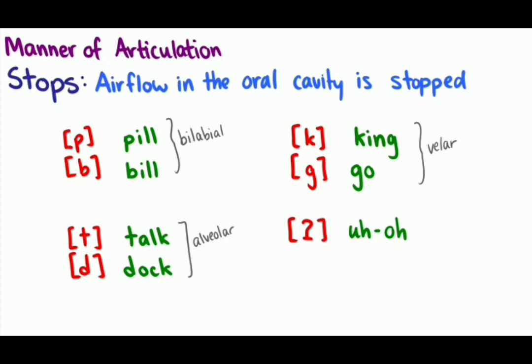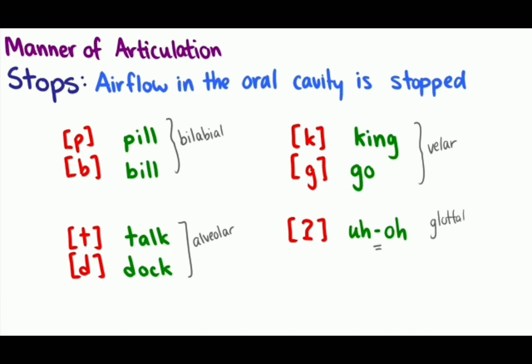And the last one is called the glottal stop, and this one is very hard to hear, but in a word like "oh," it's in between the "uh" and "o." It kind of sounds like nothing.